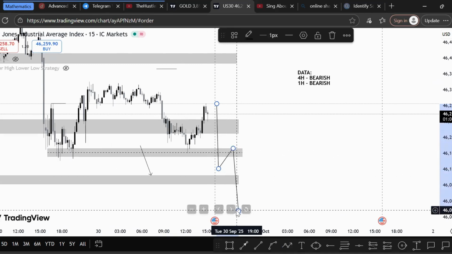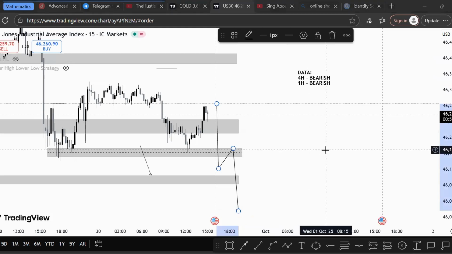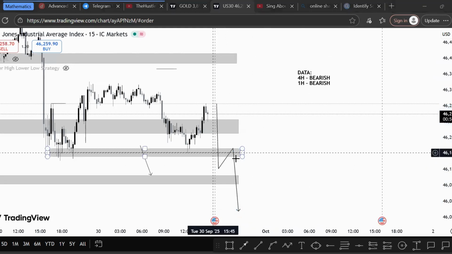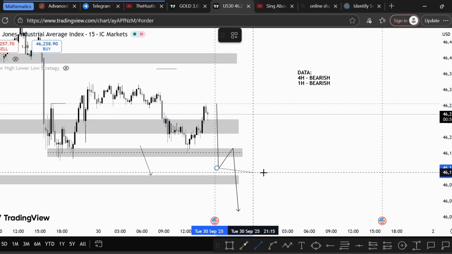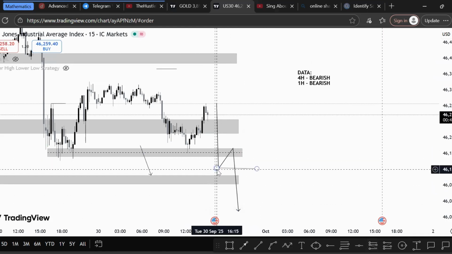Then you wait, and then you take those entries around where the initial indication came from on a smaller time frame, where it created maybe a lower low.